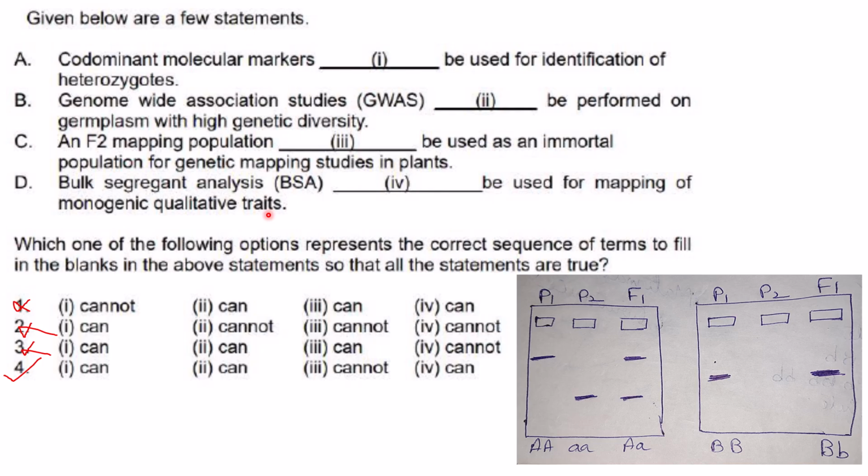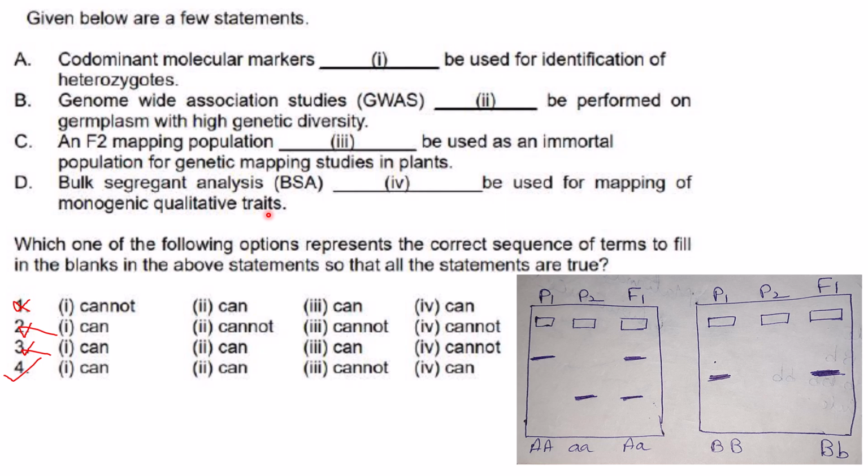Now you isolate DNA from these highly resistant plants and highly susceptible plants. Then you pool the DNA, that is called the bulk. You pool all the DNA you got from all the plants which are highly resistant. Then you pool all the DNA from all the plants which are highly susceptible.